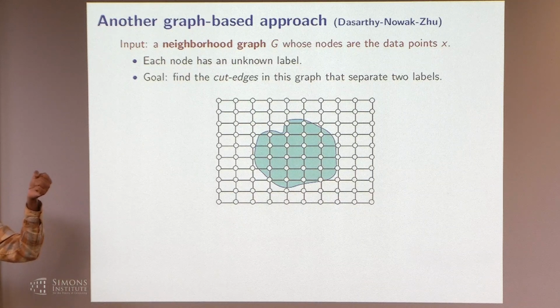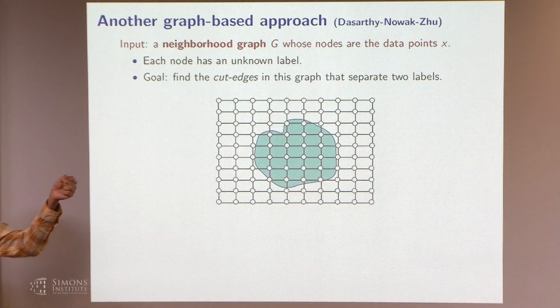So you can do a binary search on that path and very quickly locate one of the cut edges. And if there's another path, you can do a binary search on that path and locate another cut edge. Apart from the random sampling, the time it takes to locate each cut edge is just binary search on a path. It's like log the diameter of the graph, something like that.